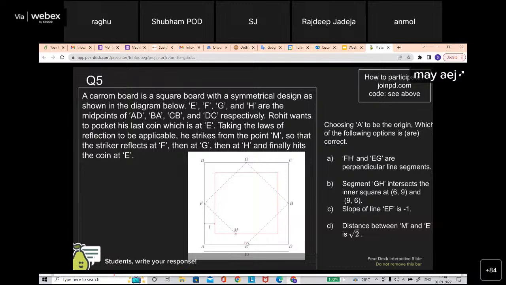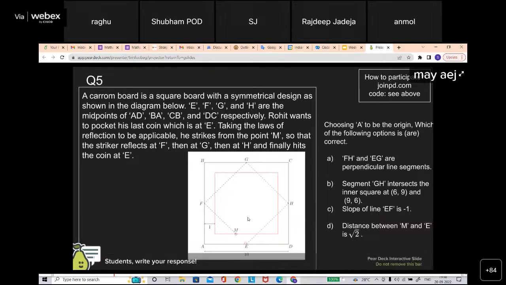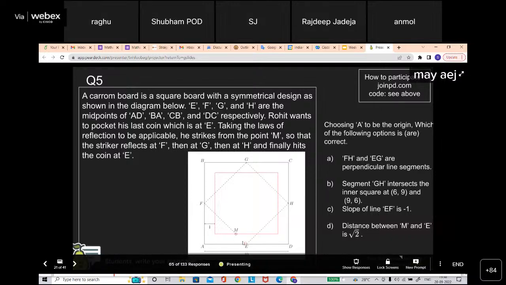The process is to find the equations of these lines and compare them, meaning find the slopes and multiply them. If you get -1, then these two line segments are perpendicular. The next one is distance. You need to find the distance between M and E, so you need to find the coordinates of this point. You can easily get that because you have already calculated the equation of this line. So all the information is here.